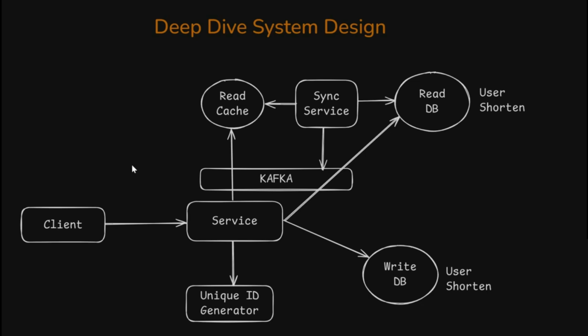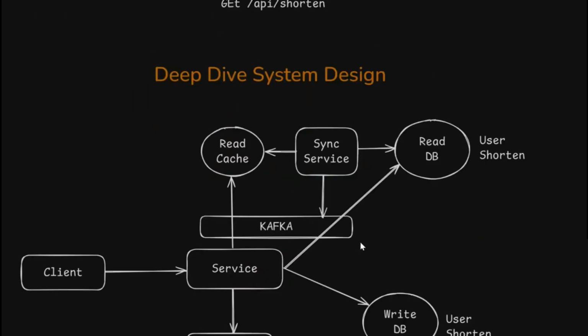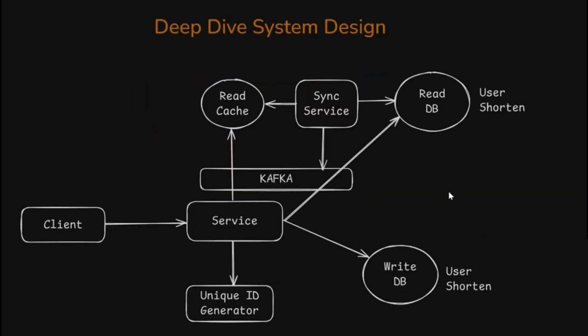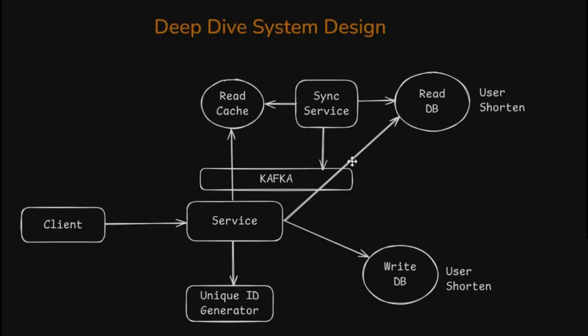Here we have considered the scalability part and started with strong consistency in the high level system design. But in the deep dive, we wanted to prioritize the performance of the system for the read, for scalability purposes. So for that reason, from strong consistency, we went to eventual consistency.